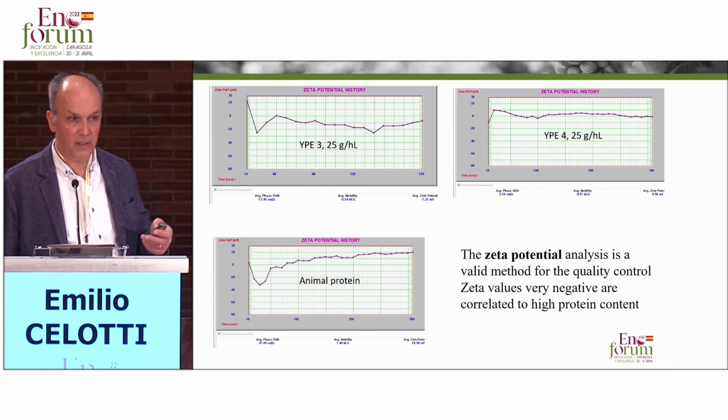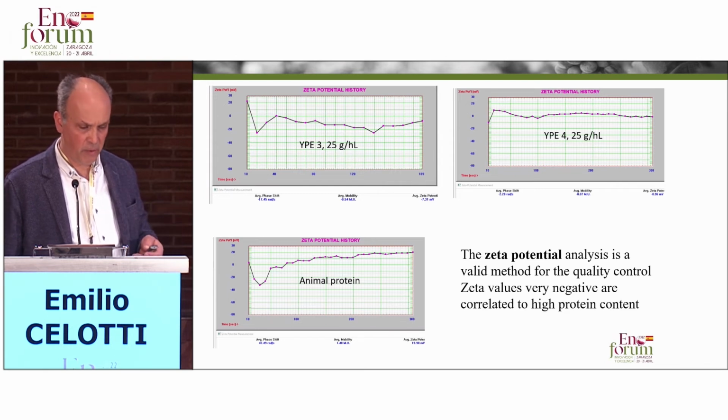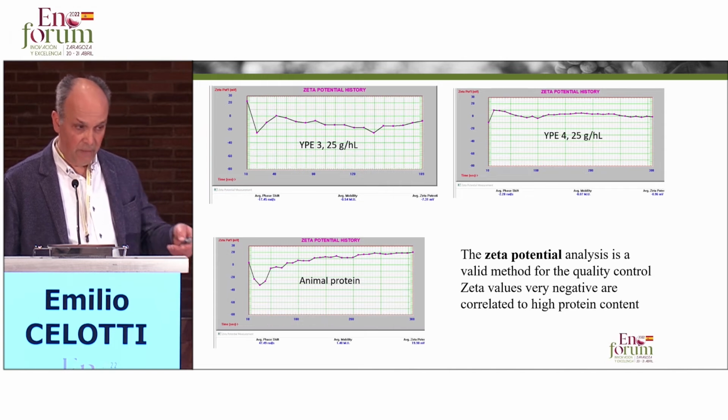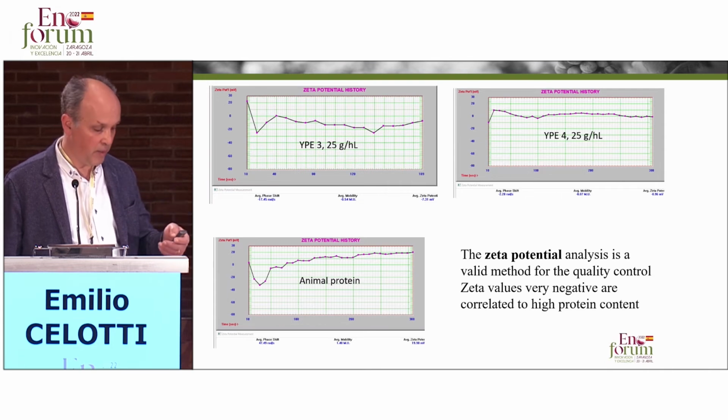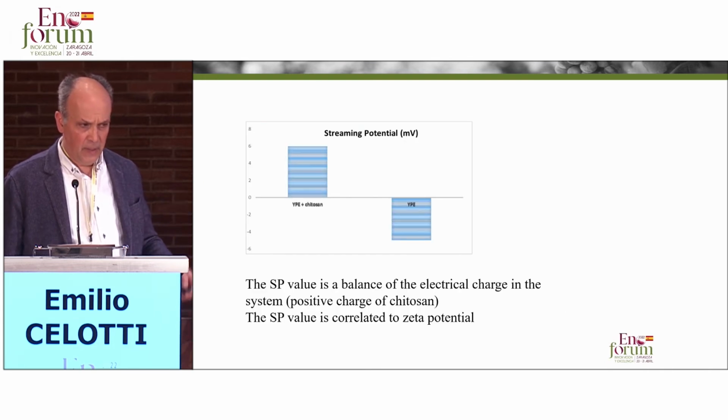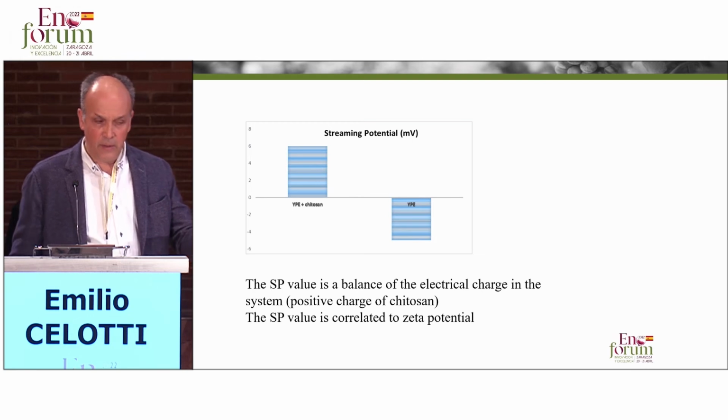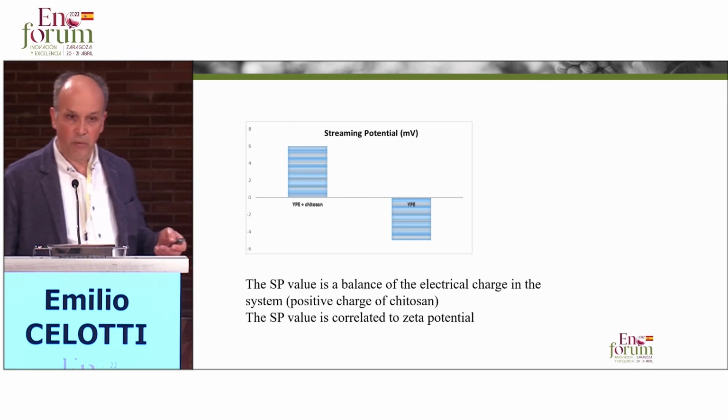This could become a daily quality control system to define quality guidelines for these products. The negative value confirms that the isoelectric point is low, below the pH of the wine, as we already saw a while ago.